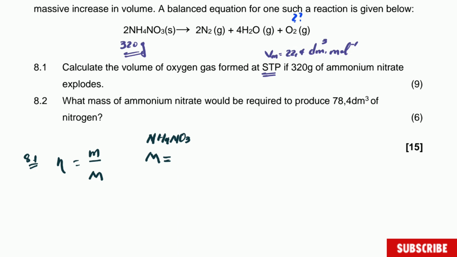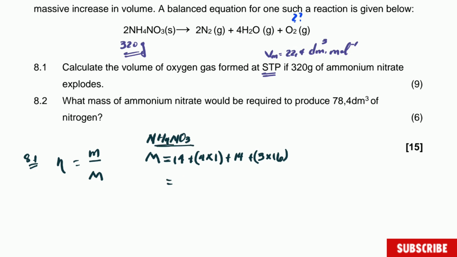So the mass of nitrogen is 14, plus 4 hydrogen, which is 4 times 1, plus another 14, plus 3 times 16. This is how to calculate the molar mass for ammonium nitrate.